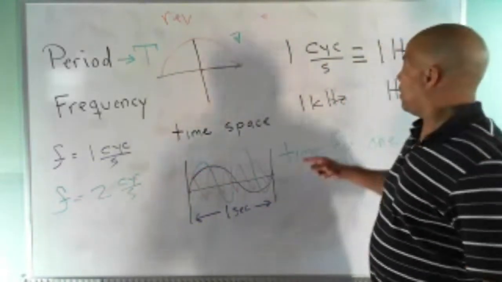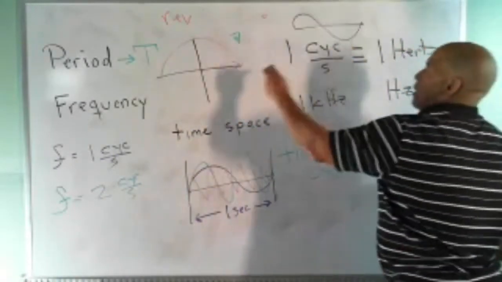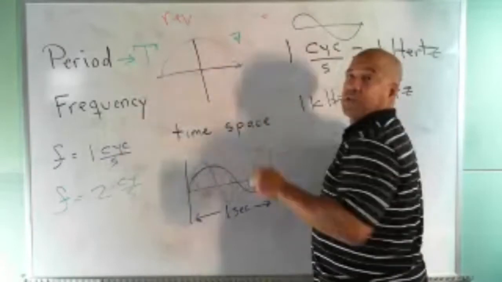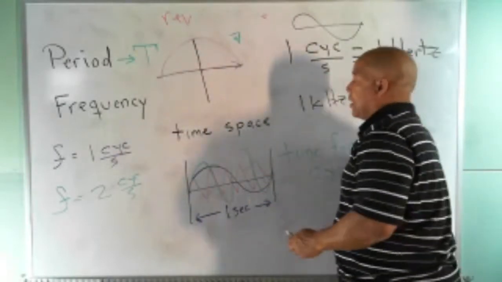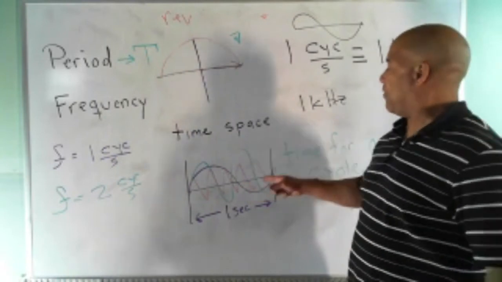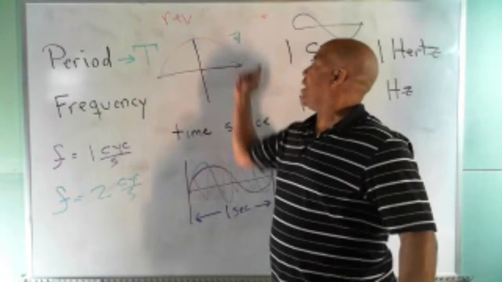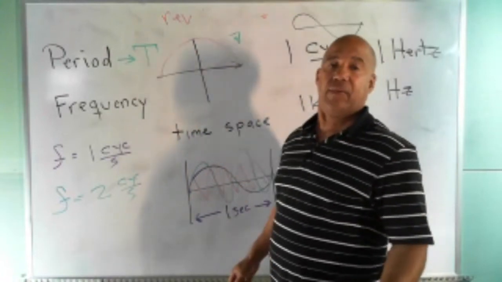Now remember, each waveform, each one of these comes from 1 revolution of the circle. So if I have 1,000, well, let's say 100 cycles per second, that means this thing has gone around the circle 100 times in 1 second.